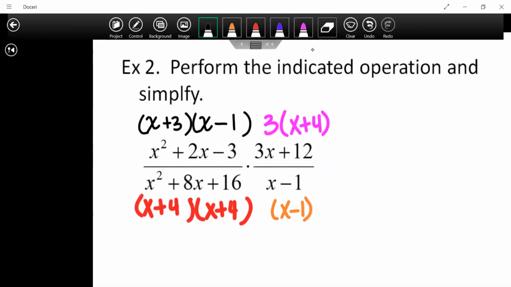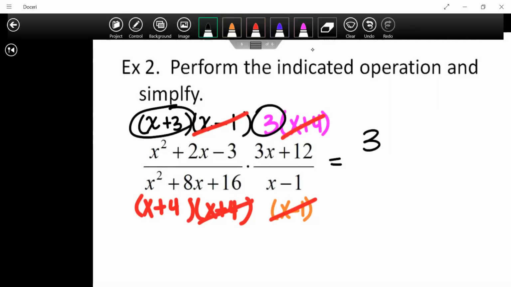The top portion, the x plus 3 doesn't have anything. The x minus 1 definitely does. But we're all just doing review, right? This should be review. This is going to leave us with our remaining terms, x plus 3 and 3. So I'm going to pull that 3 out in front.